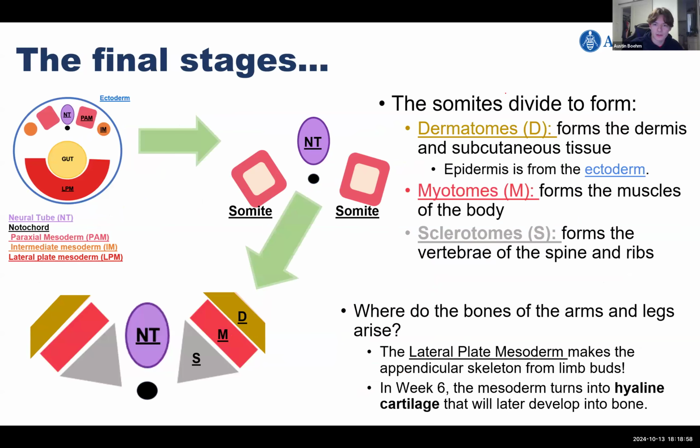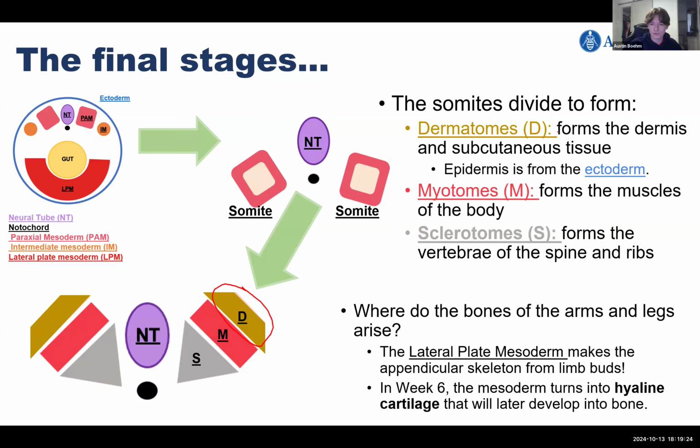Now, what these somites are going to do is, as time goes on, they're going to further differentiate into a few different layers of tissue that give rise to other structures. There's a layer called the dermatome, which is going to form the dermis and subcutaneous tissues, which is just under the epidermis layer of the skin.